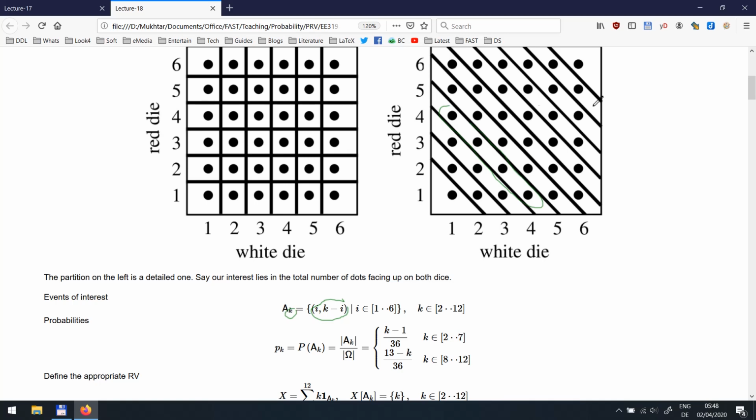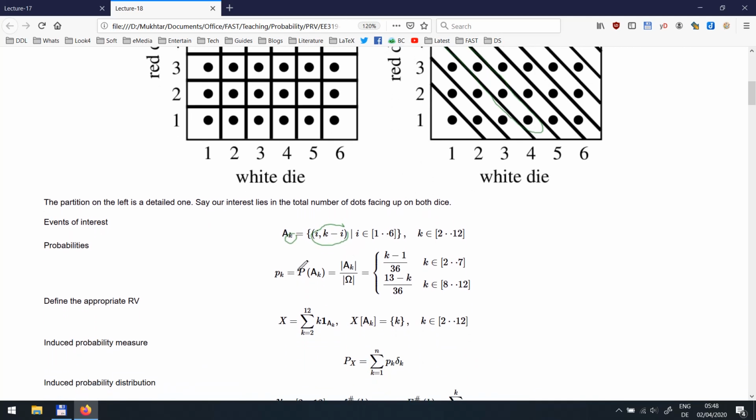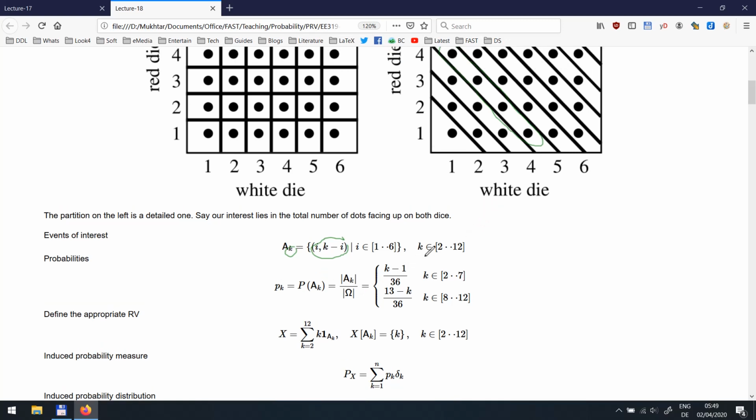So the pairs change, but the sum doesn't change. And the probabilities of these events of interest is simply the size of the event divided by the size of the sample space. And if you look at this, this may sound complicated, but it's very easy.